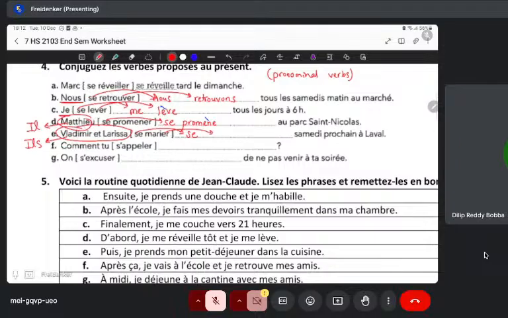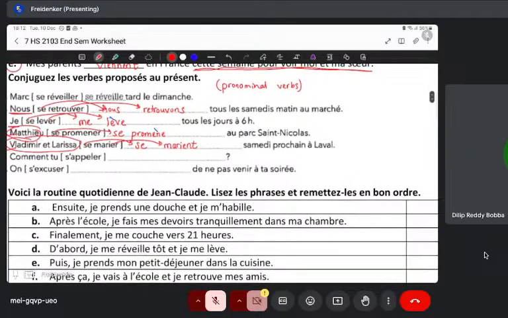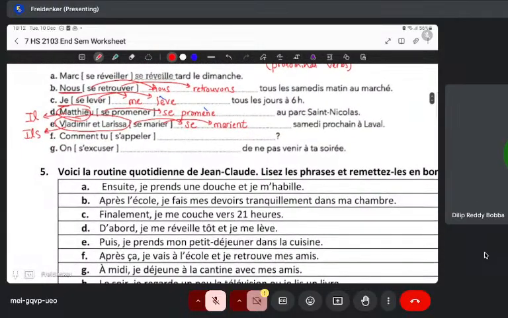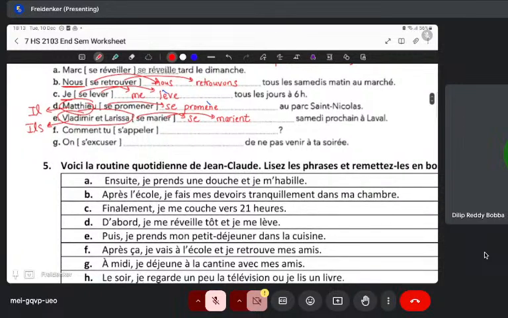ER verbs conjugation, we've been seeing it for the past few semesters. So this is how you conjugate. ER verbs, don't tell me you don't remember. You can always Google ER verbs conjugation. I mean, you should be knowing. You must have seen it, or else how would you have survived until now?